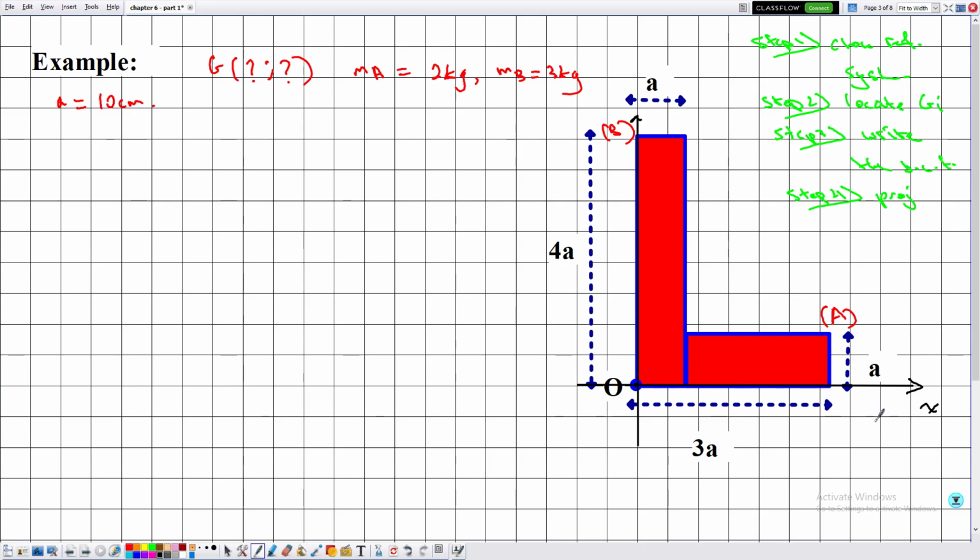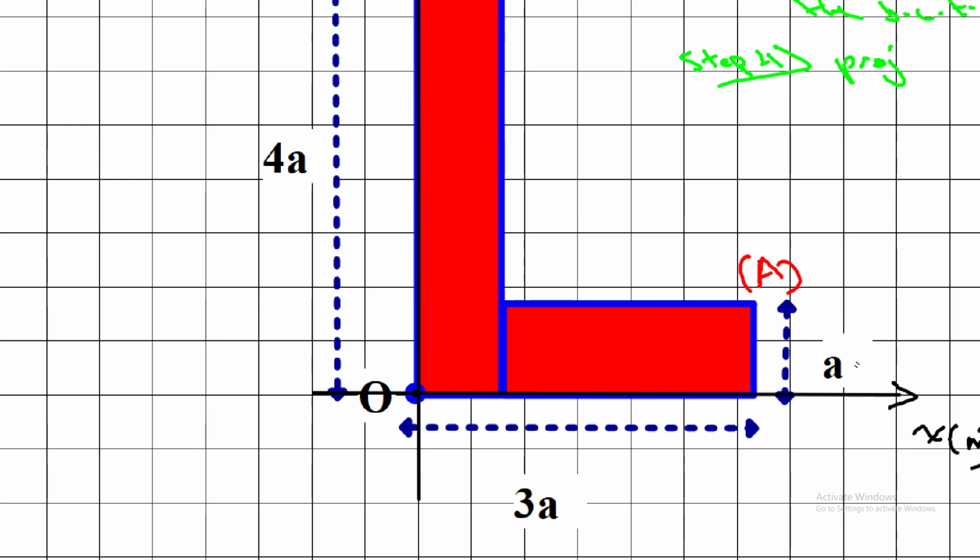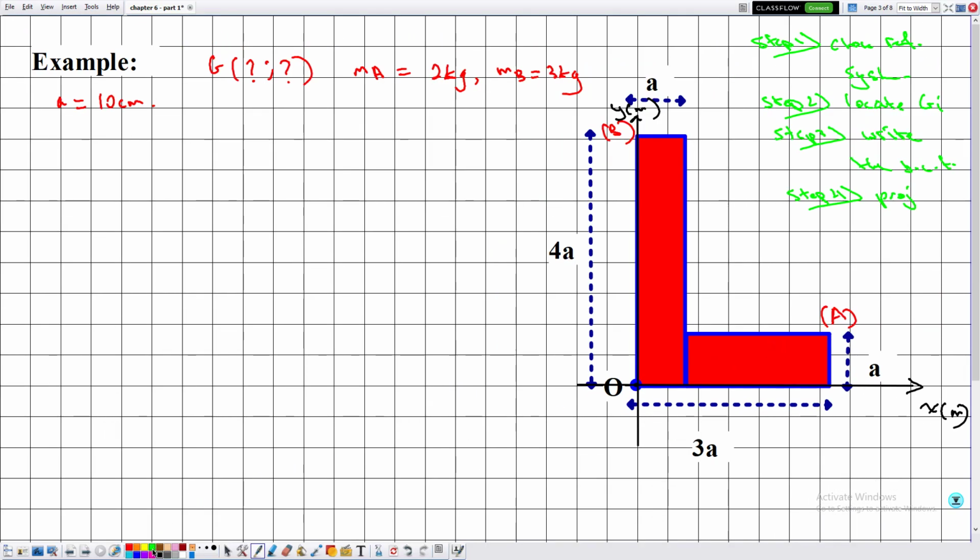We know that in physics axes are labeled by physical quantities. So in this case, x is labeled by meters and y is labeled by meters. Okay. Now let's locate the center of gravity of the solid A. Notice that this is a homogeneous object, so the center of gravity will be at the center. So this is G1, and in this case this is G2.